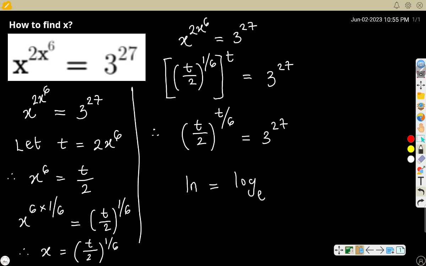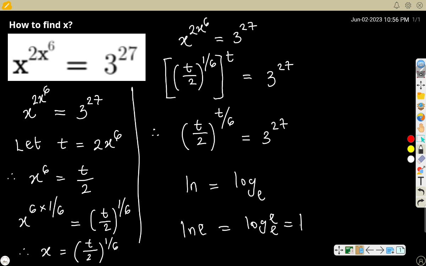So if I now have ln e, for example, this means log e to base e.